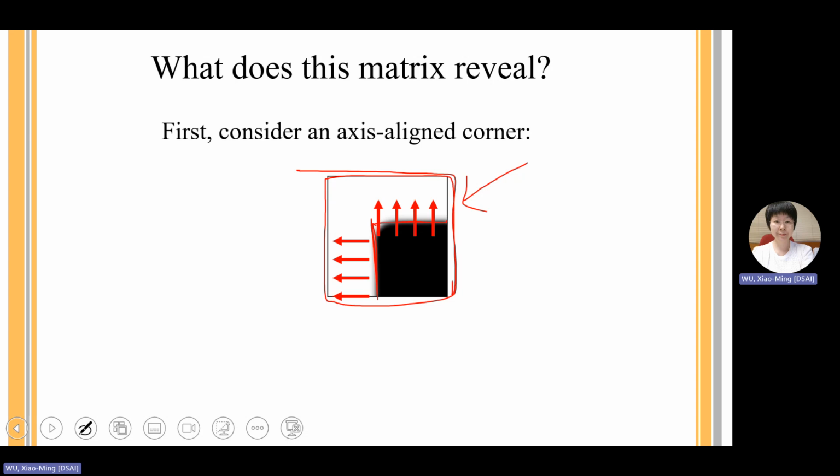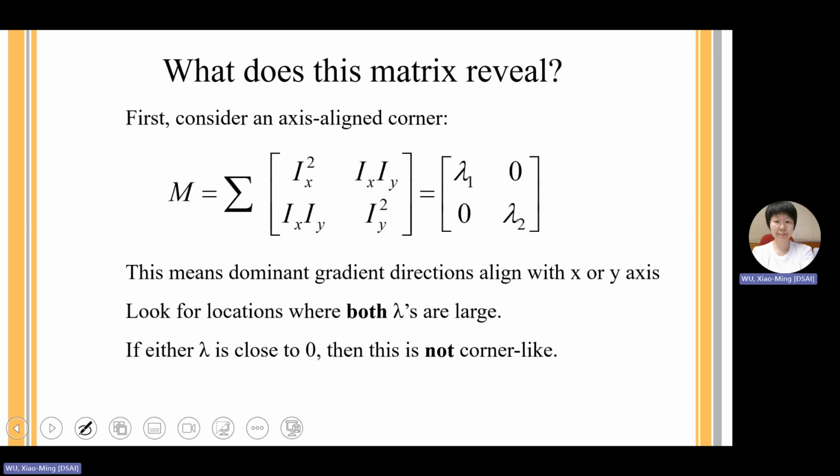So we call this an axis-aligned corner. For an axis-aligned corner, as we mentioned before, the two diagonal terms are non-zero. However, the off-diagonal terms are 0 because Ix and Iy cannot be non-zero at the same time. So that's how we tell whether a point is a corner or not.